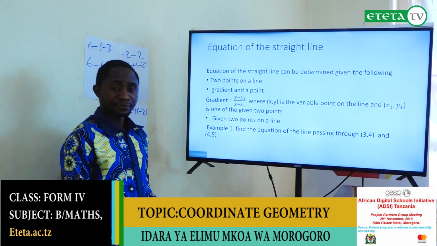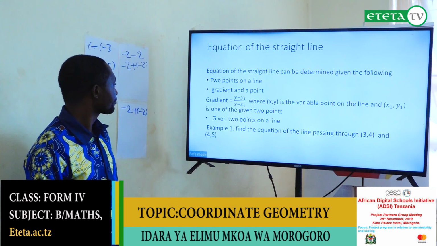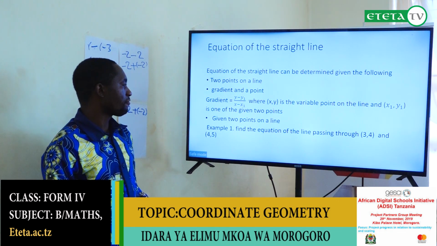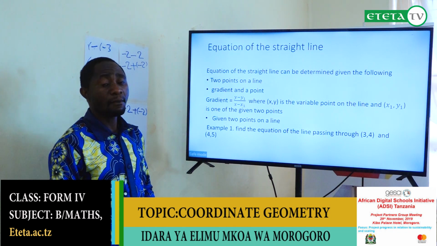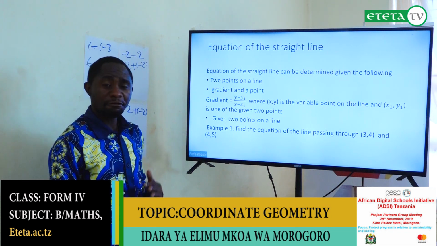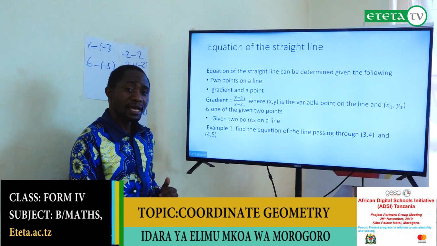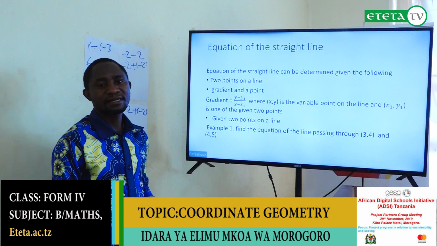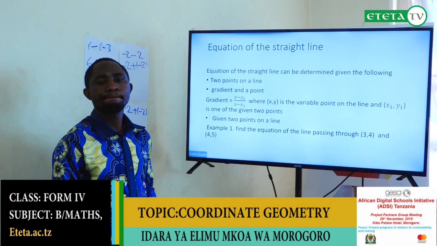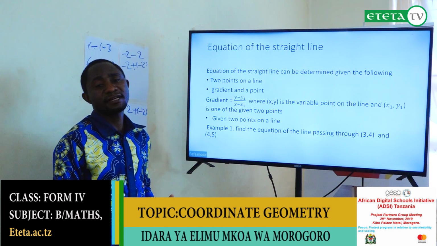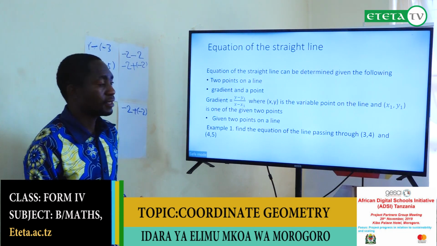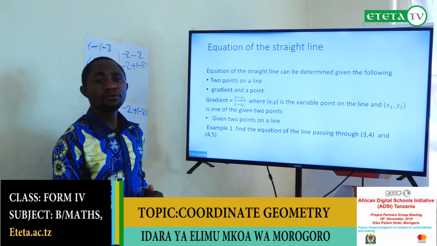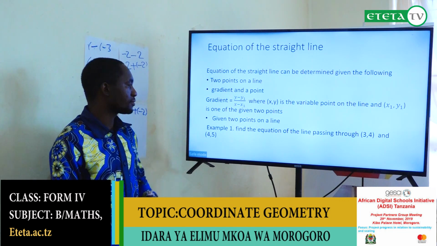Now look, we have the points 3, 4 and 4, 5. First, we have to find the gradient of the straight line, given the 2 points, and then choose one of the 2 points.